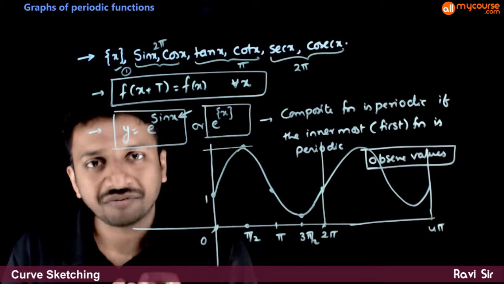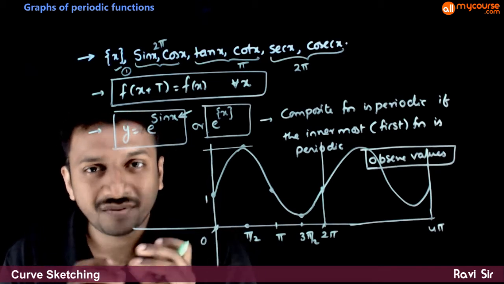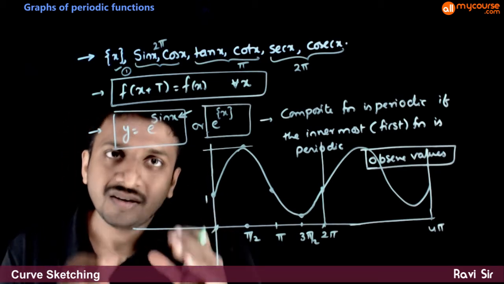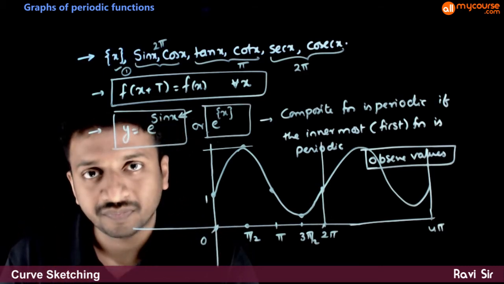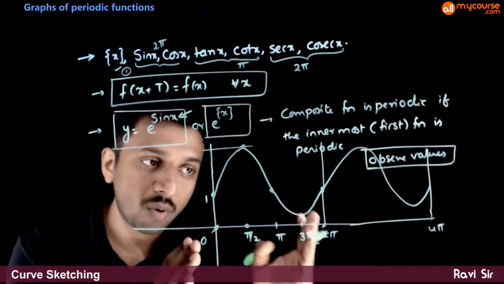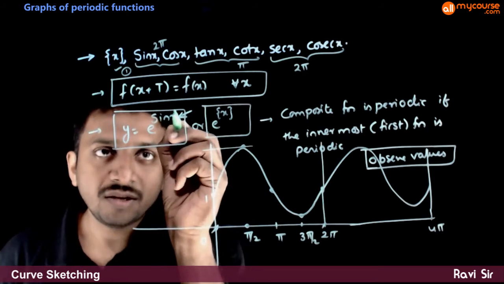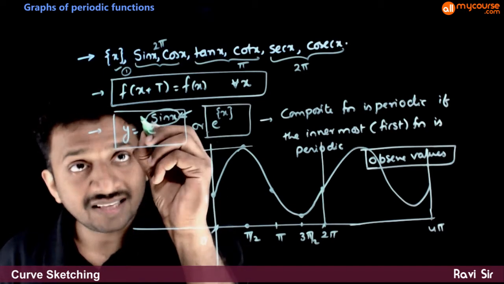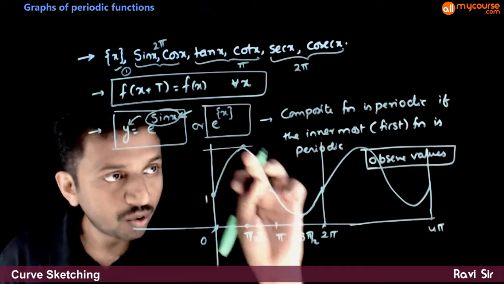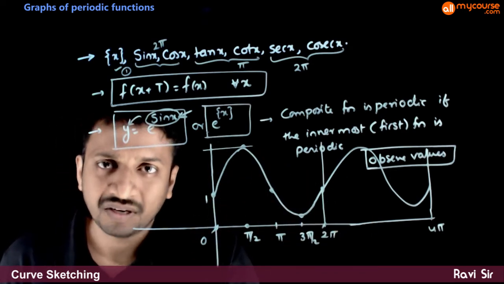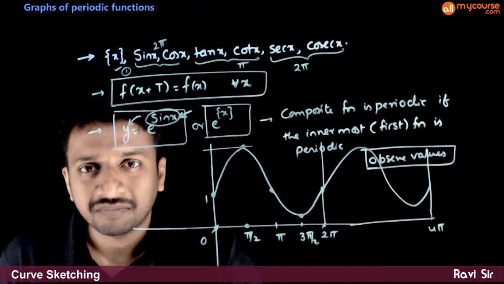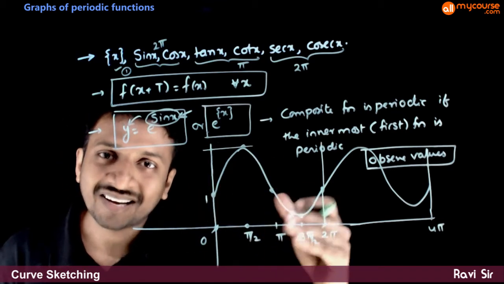So whenever you have a composite function for which the innermost function is periodic, the whole function becomes periodic. So what you do is you take one period, analyze the values of this function, analyze the values of y, and try to draw a rough graph. You don't need to draw the exact shape of the graph.